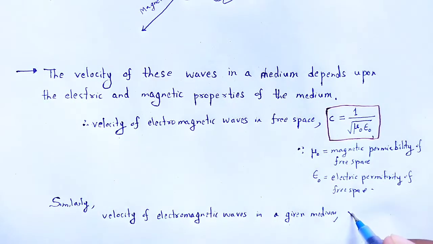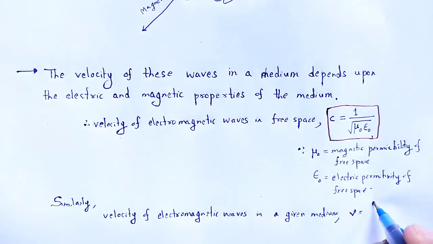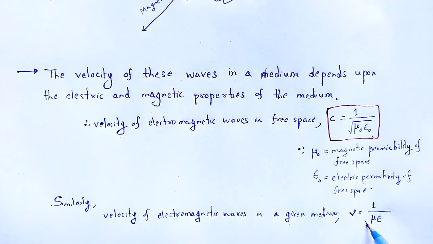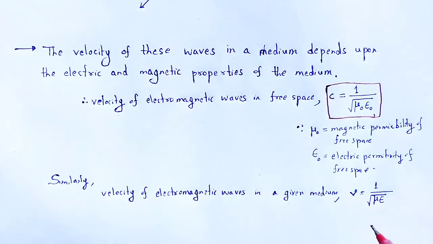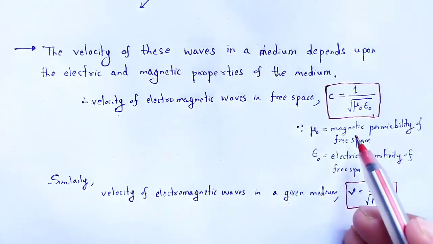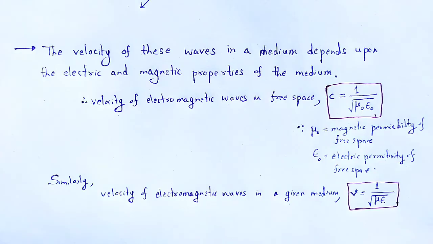Let v be the velocity of the electromagnetic wave in that given medium, which is equal to 1 divided by under root of mu into epsilon, where mu is the magnetic permeability of that medium and epsilon is the electric permittivity of that medium.